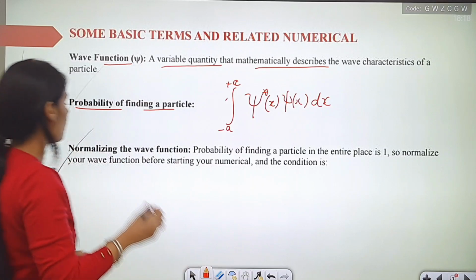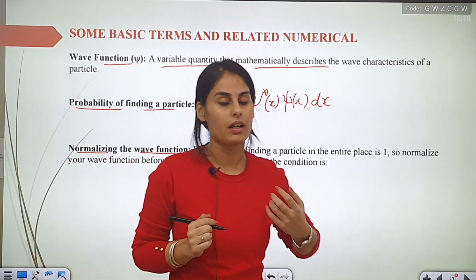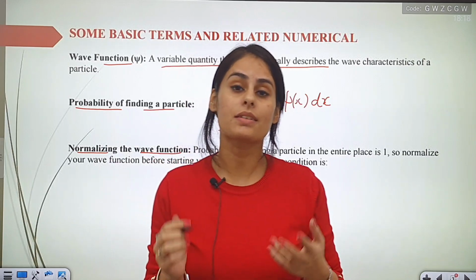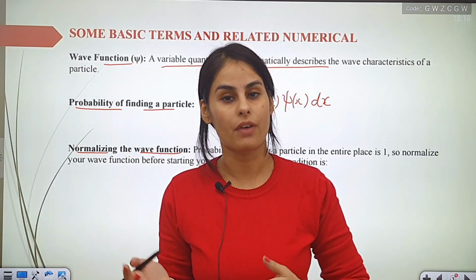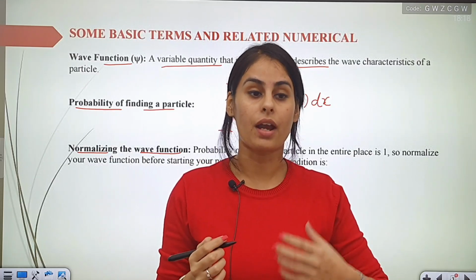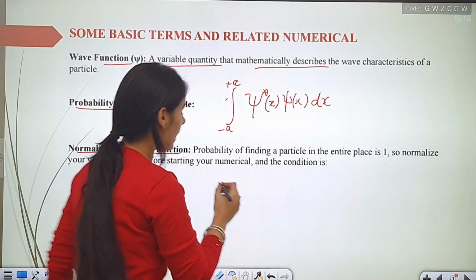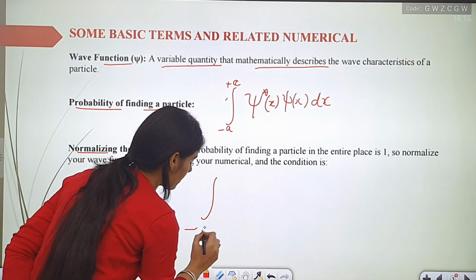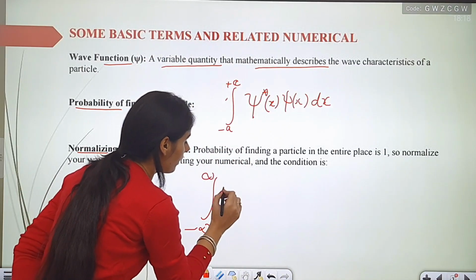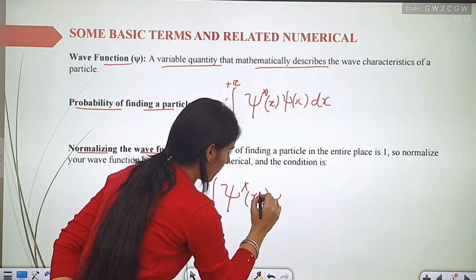Again, normalization of the wave function. In the initial experiment, we discussed the probability of finding a particle in a given region. Now we are trying to find that probability from -infinity to infinity, that means in the overall space.